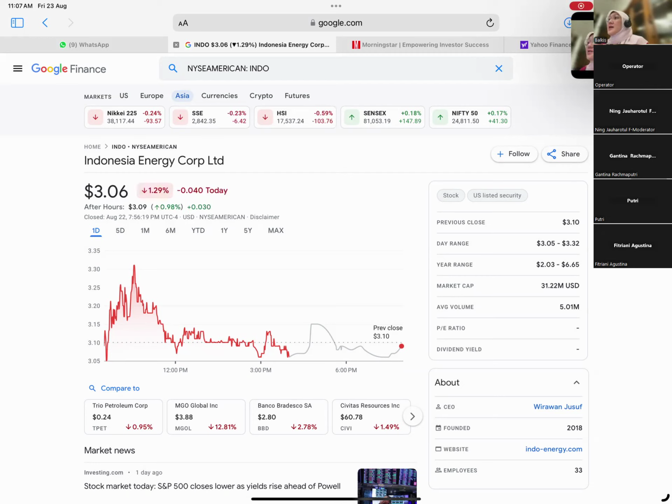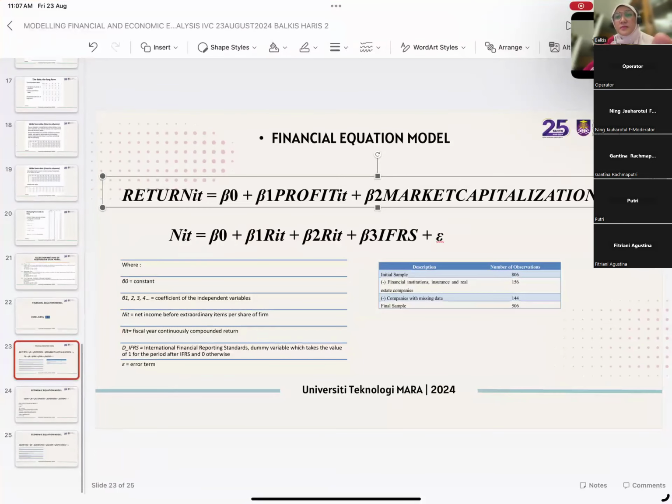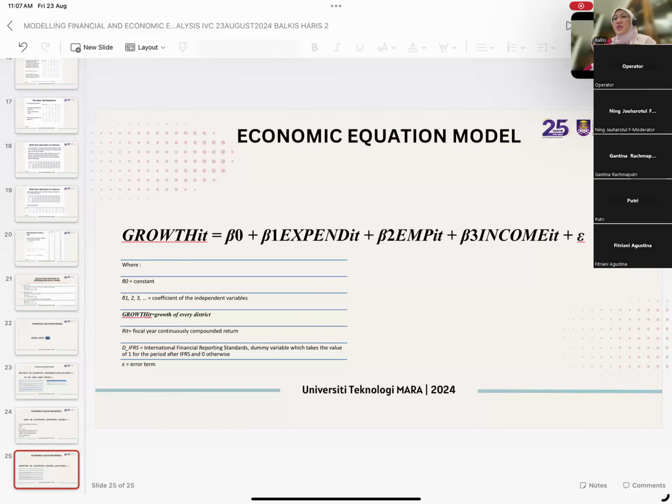They will look at country data, companies, for each company's country data for several years. And then the independent variables will be the economic data. For example, like this. This is the economic equation data.